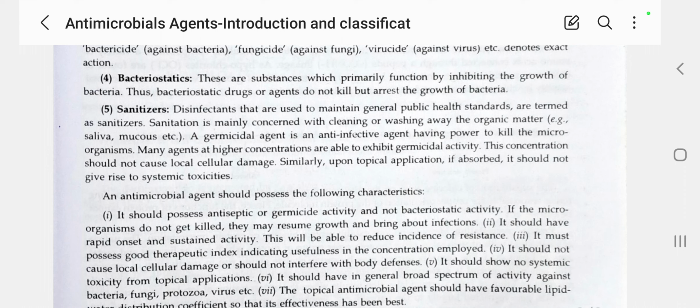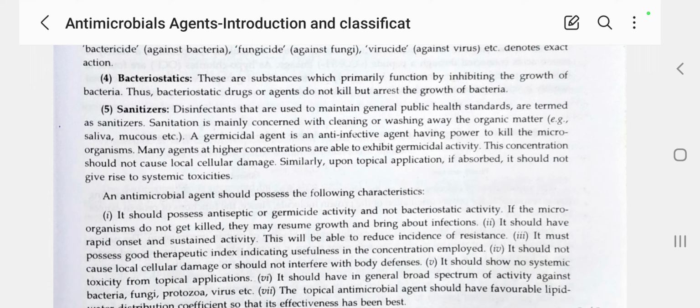Sanitization is mainly concerned with cleaning or washing away organic matter, for example saliva or mucus. For example, diagnostic centers also use sanitizers and disinfectants, especially in hospitals.